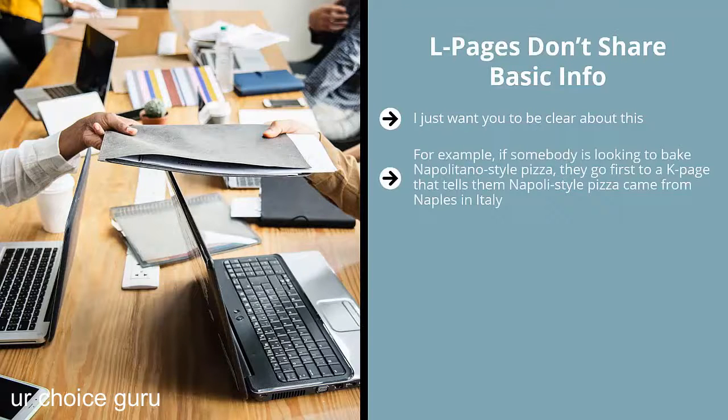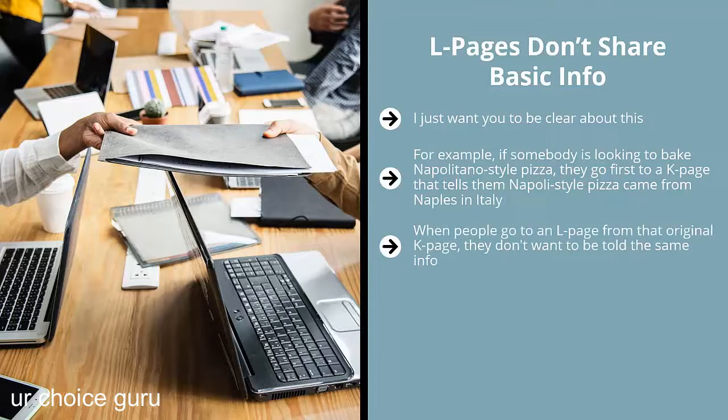For example, if somebody is looking to bake Napoli-style pizza, they go first to a K page that tells them that Napoli-style pizza came from Naples in Italy. It was brought by Italian immigrants to the United States. It is a very tasty form of pizza. It's puffy, so on and so forth. When people go to an L page from that original K page, they don't want to be told the same info. They already know the background.